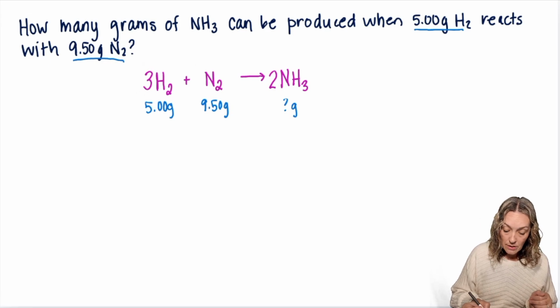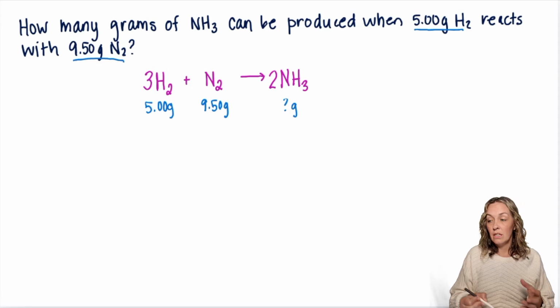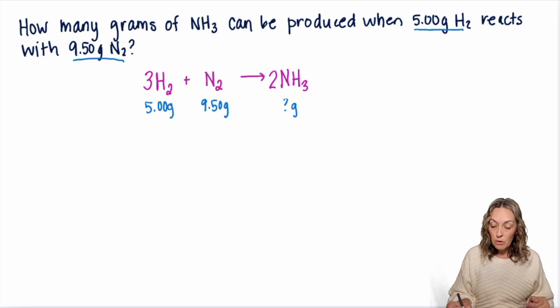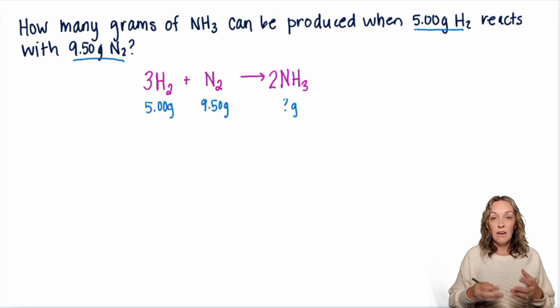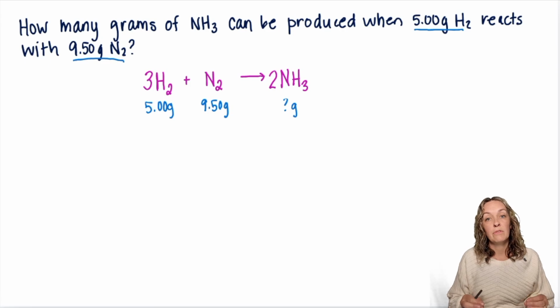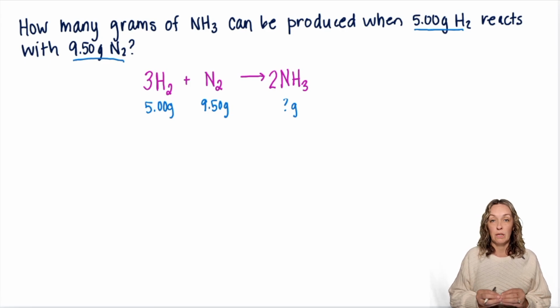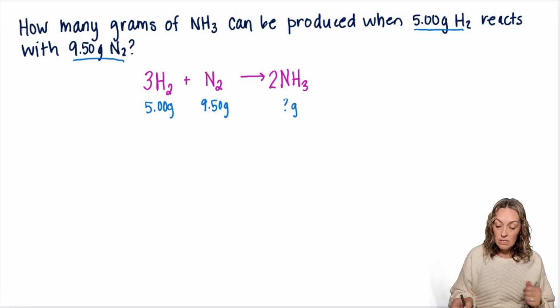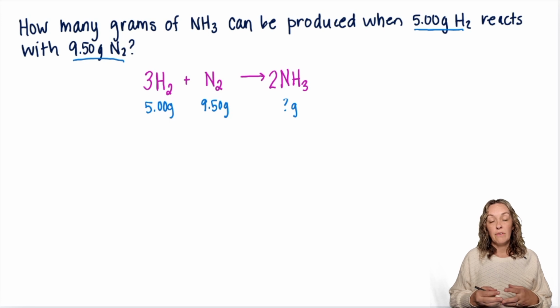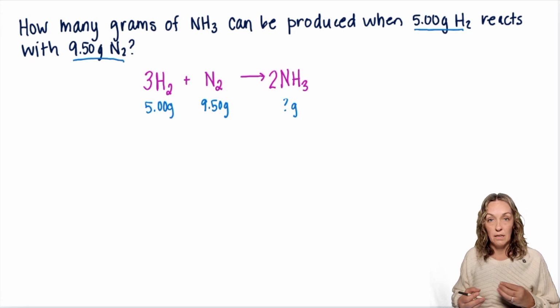It takes 3 hydrogens for every 1 nitrogen according to this balanced equation. The second reason is because the molar mass of hydrogen and nitrogen are very different. So if I have 5 grams of hydrogen and 5 grams of nitrogen, remember that is not an equivalent number of moles. So for those 2 reasons, we cannot just assume that hydrogen is the limiting because there's less of it. Instead, we're going to have to do our stoichiometry and set up a problem.